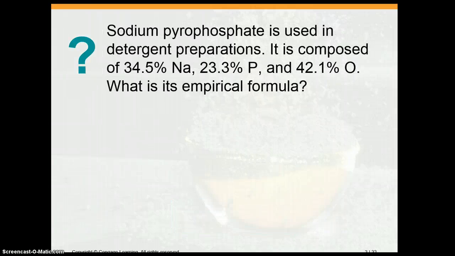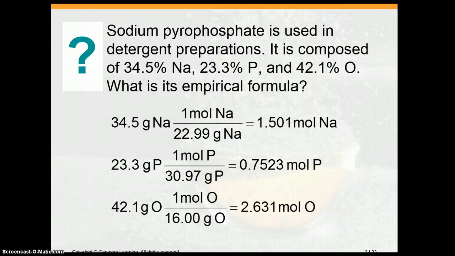In this particular example, you have percentages again, and that's for empirical. So I convert each one to moles. And in this case, you see you don't have the same value. So I look at these three, and I pick the smallest one, which is obviously 0.7523, and I divide all of them by that value.